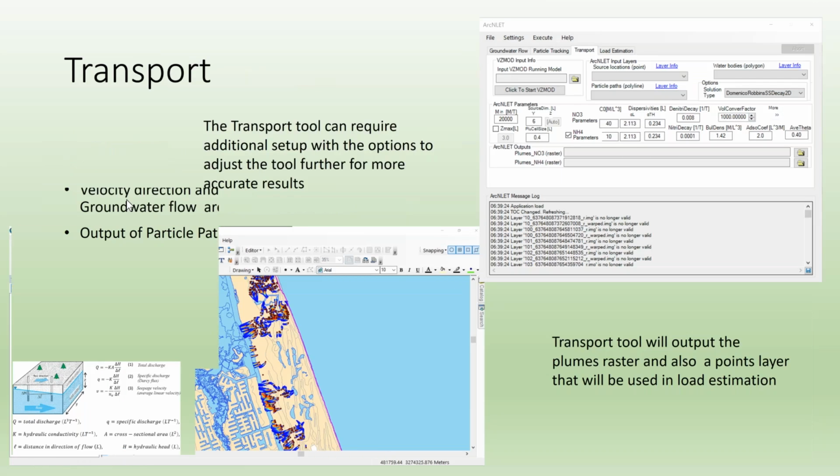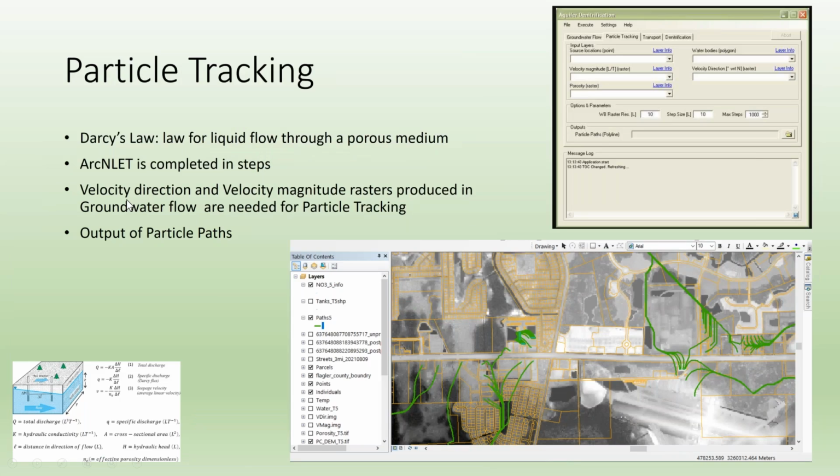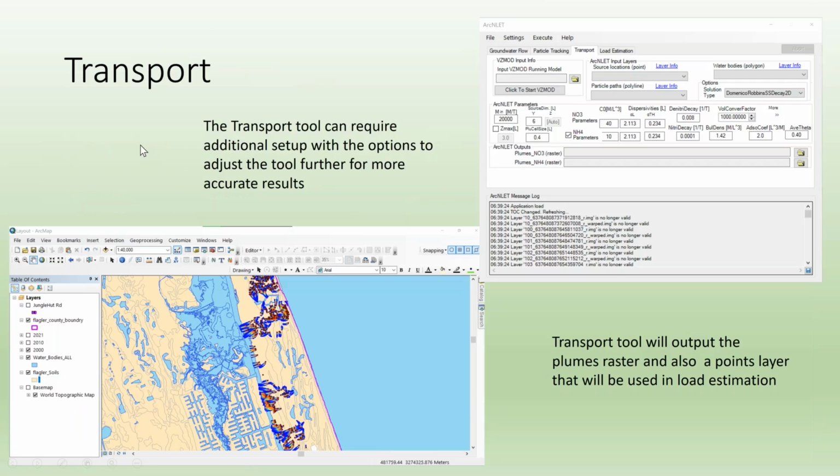The transport tool. This is the tool where you will customize the output that you want. Environmental scientists or people who deal with nitrogen plumes and outputs would know more what to do in this section as far as maybe the size or the total daily maximum value of what the tank can put out.